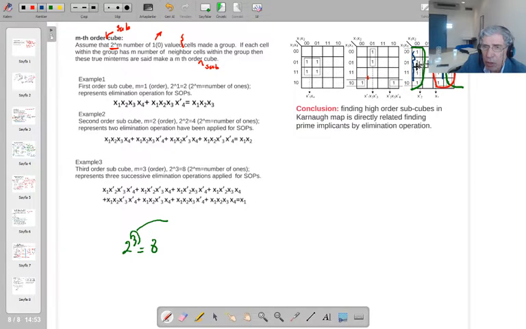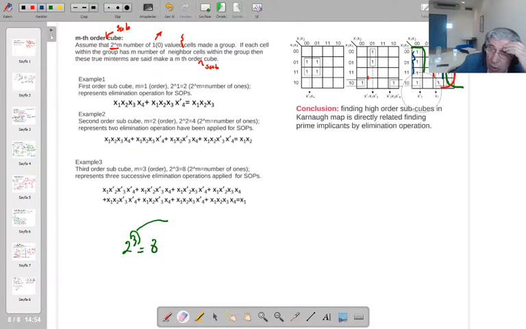These 4 ones, 8 ones do not make a third order subcube. The reason is, in the definition, each one must have 3 neighbors. So it is not true for the blue one, but it is true for the red one.